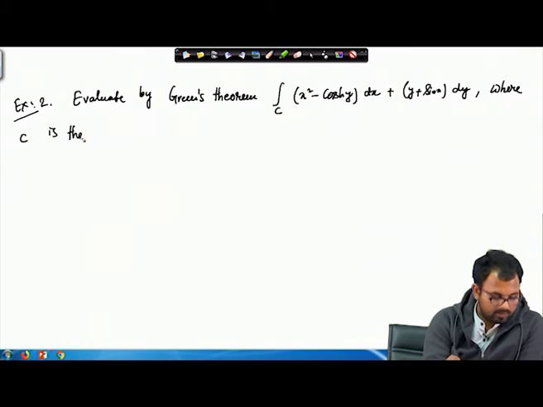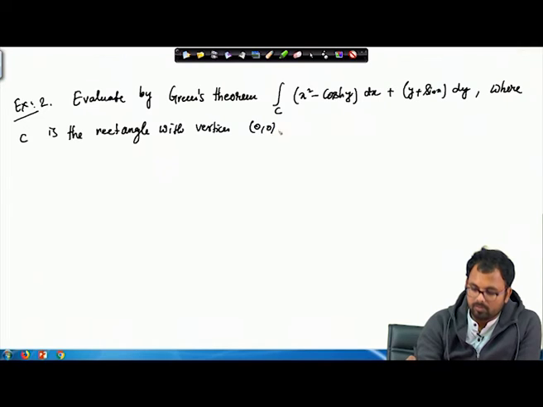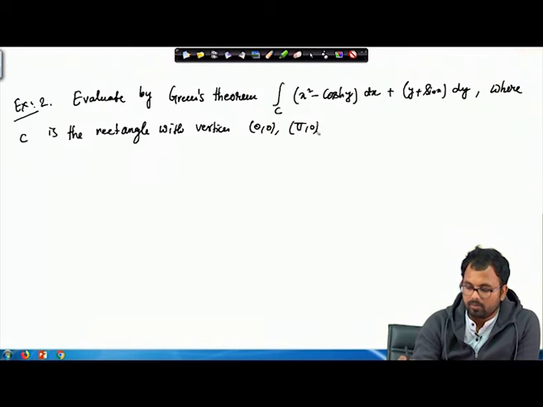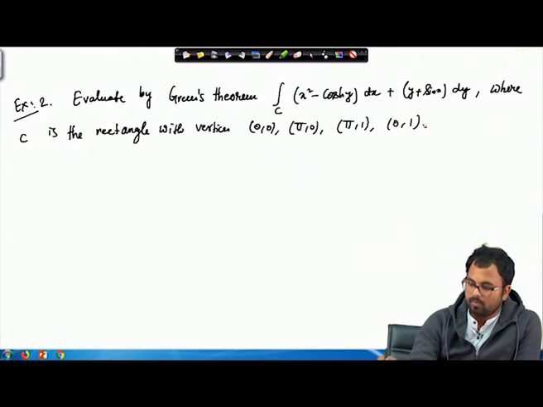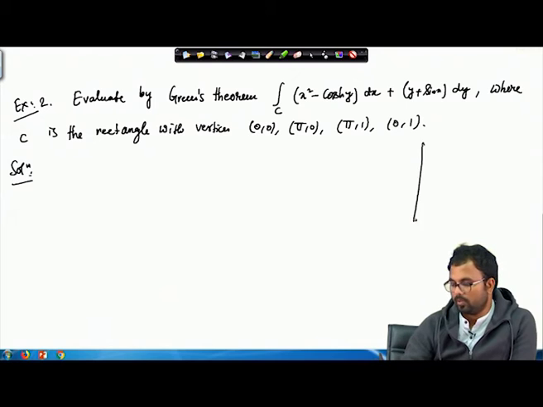C is the rectangle with vertices 0 0, pi 0, pi 1 and 0 1, right. So, we basically have a region R. Let me draw this region R in the x, y plane. So, this is our rectangle.